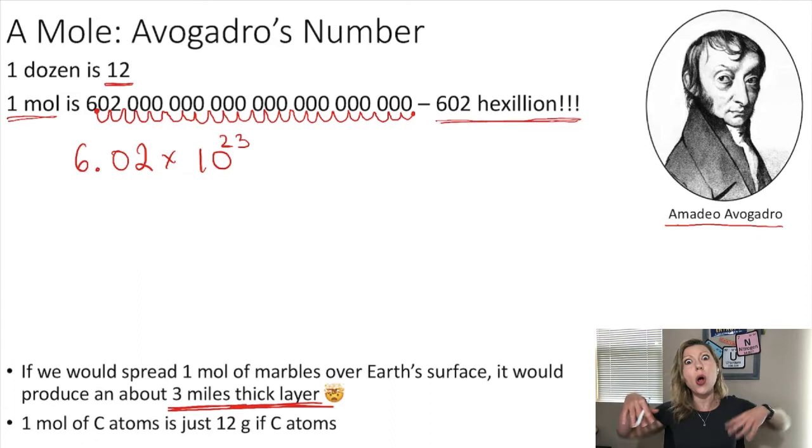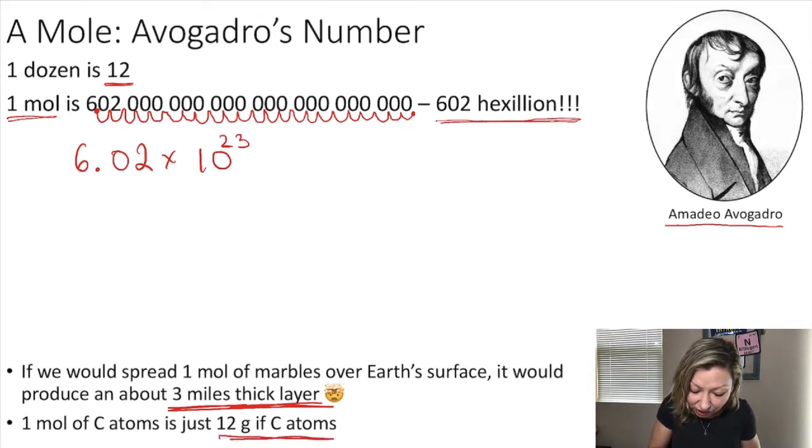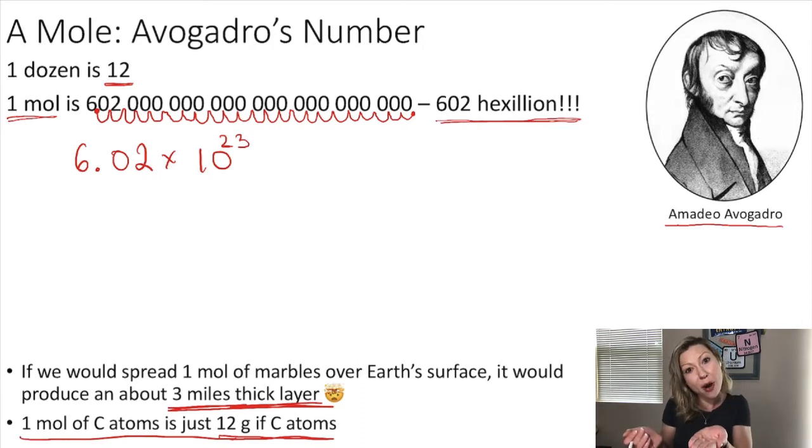We would be all covered by marbles. But if you take 12 grams of carbon atoms, it's actually going to be also 602 hexillion carbon atoms, and 12 grams would fit in your palm, right? So again, atoms are teeny tiny, so we need moles to count them.